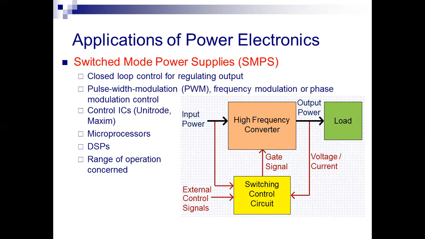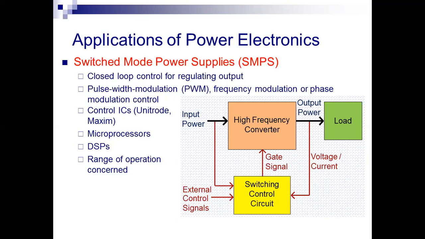Which are the reference values? These reference values are given along with the feedback to the switching control circuit, which consists of pulse width modulation techniques or phase modulation control techniques. These gate signals are provided to the frequency converter.